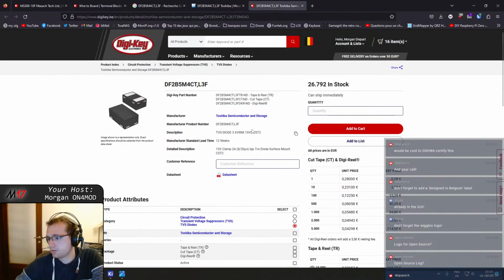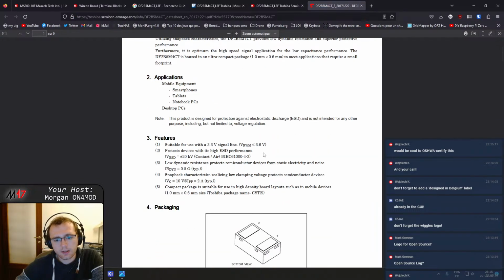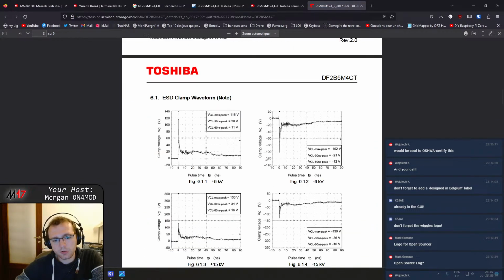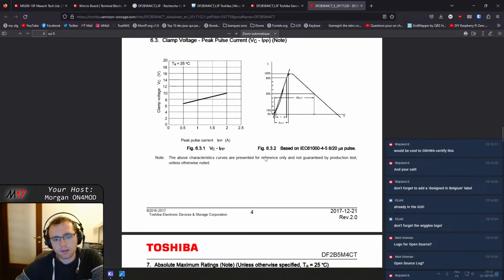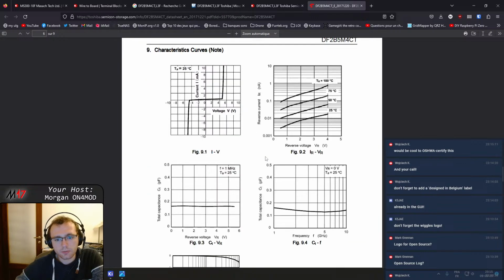Yeah, it would be cool to certify it for the open source hardware. But I don't know what we need to certify it and so on. If you want me to place a logo on the board, I will do it. But we shouldn't lose too much time trying to get a certification before producing the board.